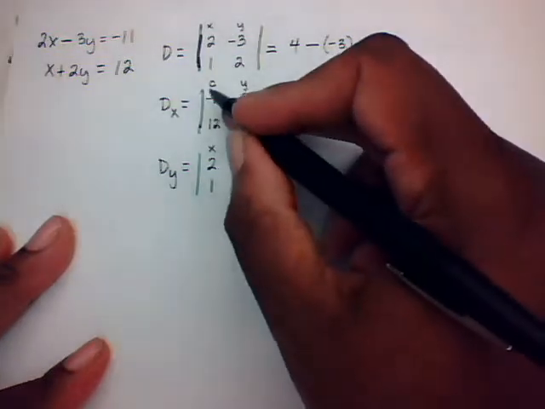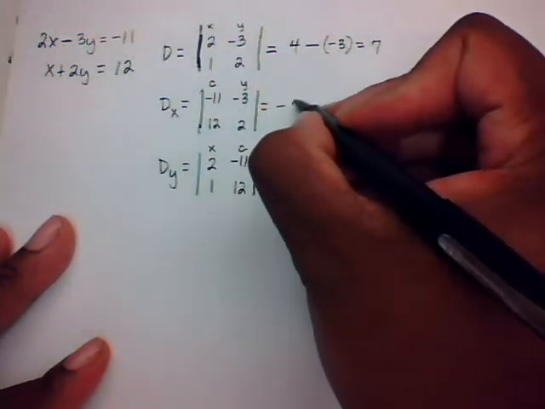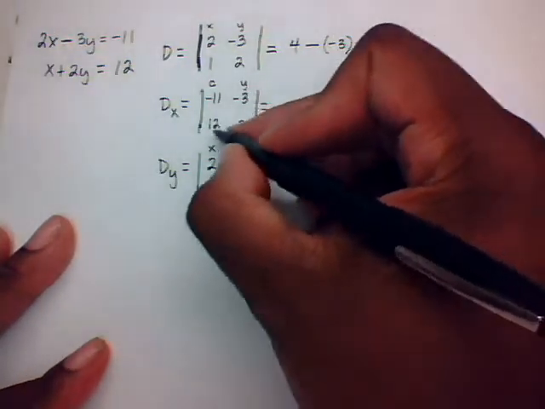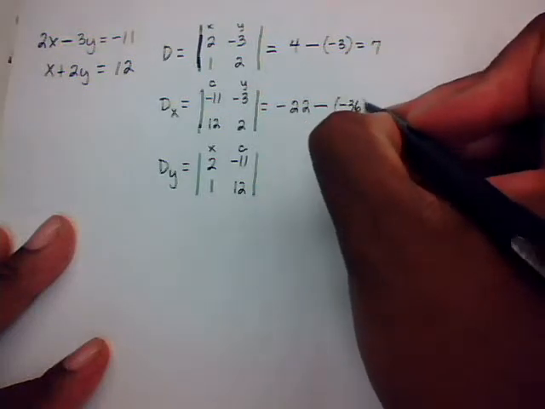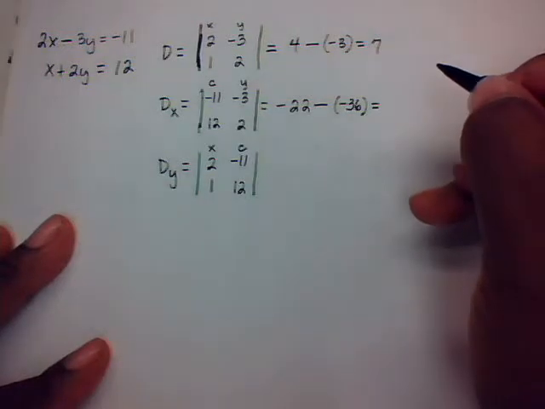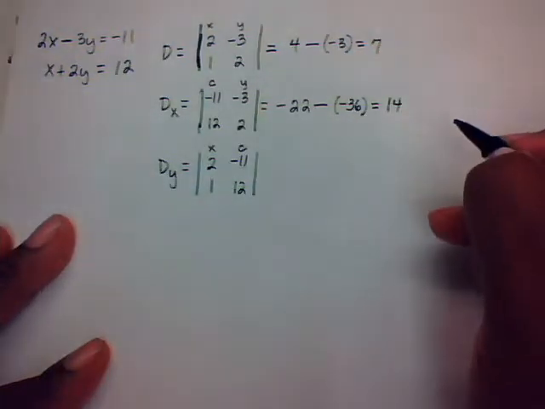This diagonal from upper left to lower right, negative 11 times 2, that's negative 22, minus the product of this diagonal, 12 times negative 3, is negative 36. And then negative 22 minus negative 36 is the same as negative 22 plus 36, which will be 14.